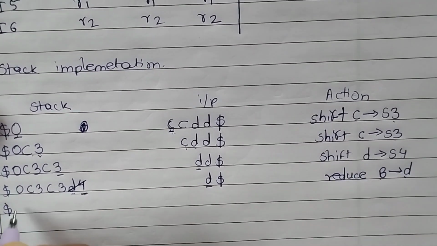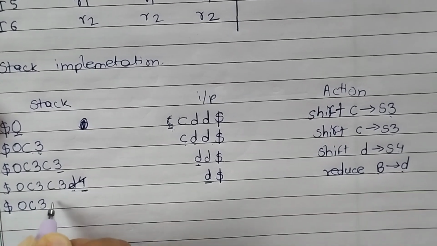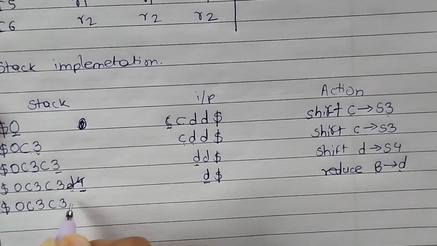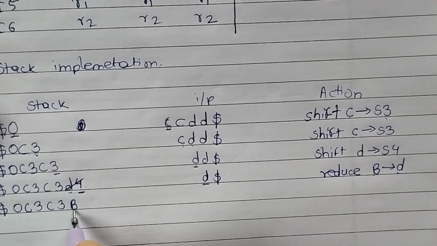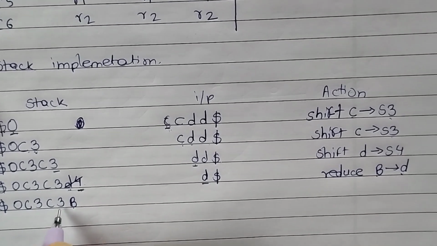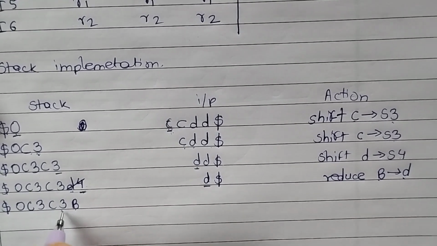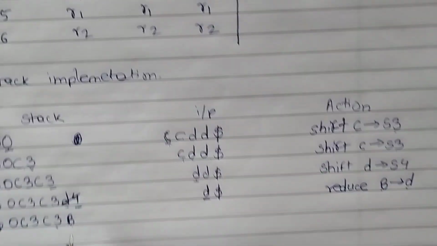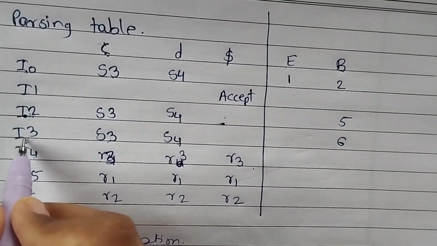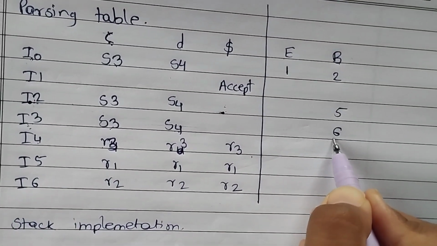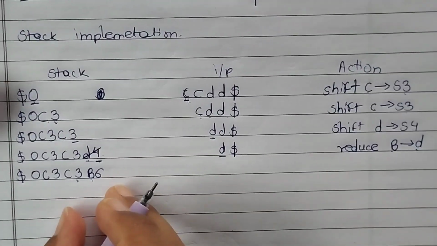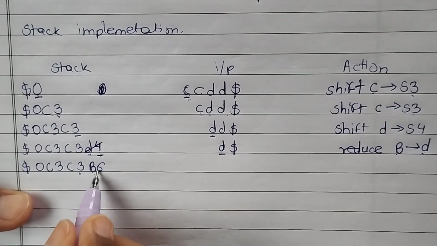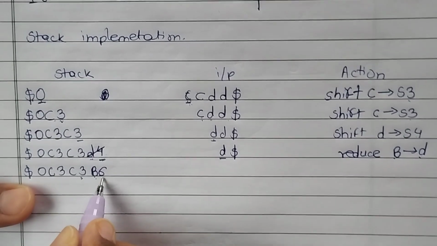So dollar 0, C3 and B. This D is reduced by B. Now this 3 means I3, check it for B. I3 check for B is 6. So the number here is 6, because as I mentioned, the stack always ends with a number.